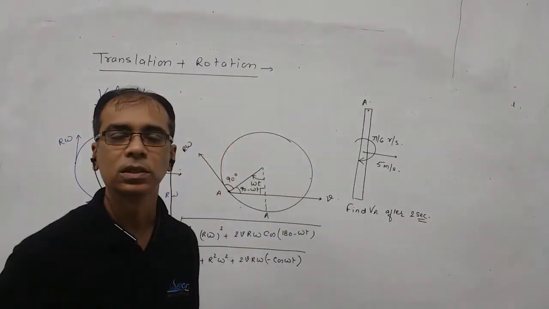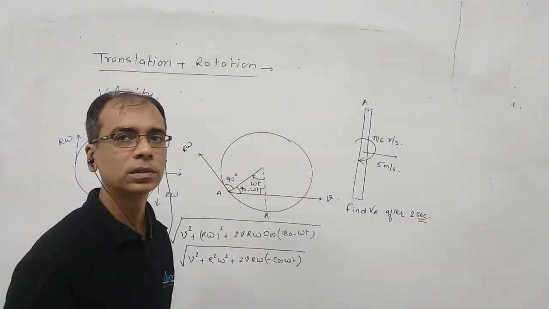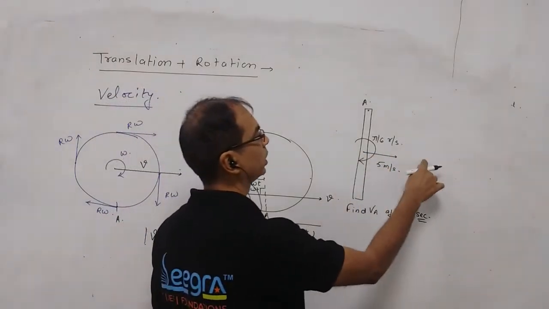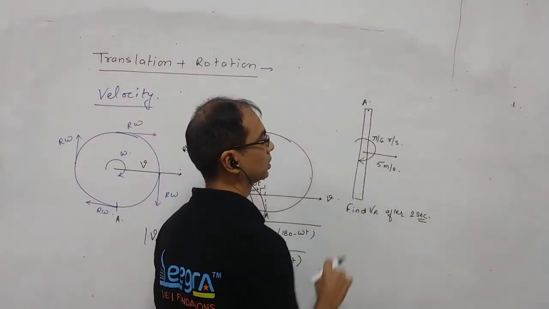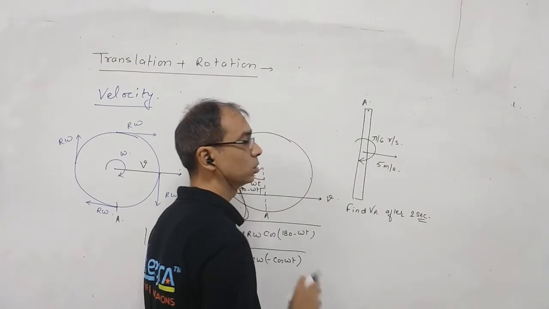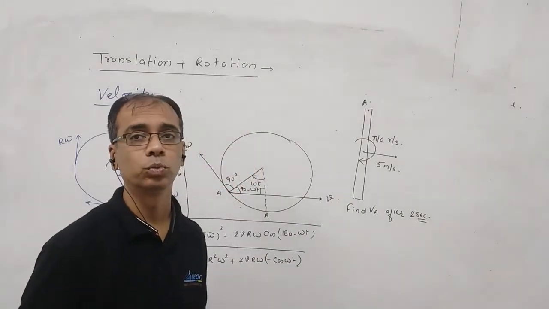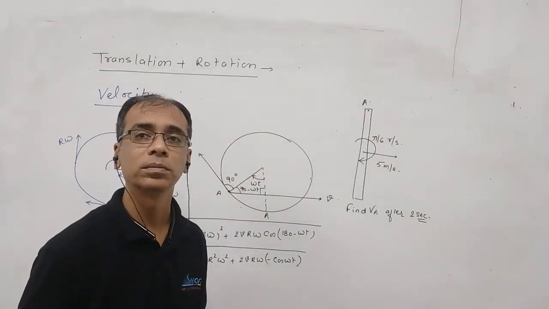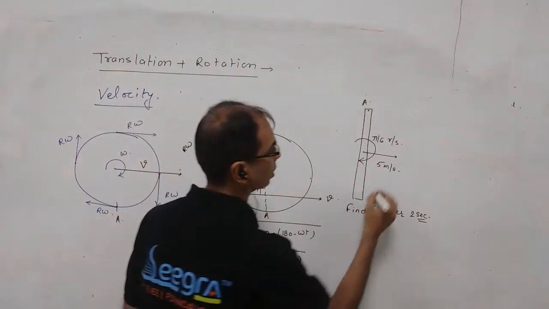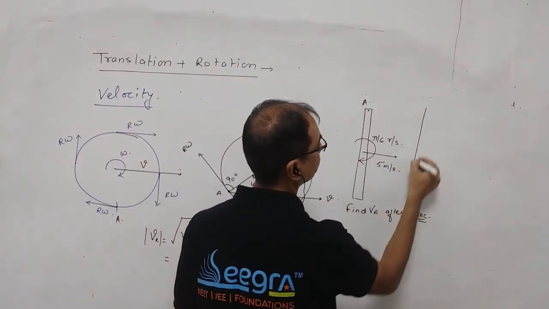What will happen in 2 seconds? Obviously it is moving ahead, but how much will it rotate? Omega is 5/6, so the rotation will be 5/6 into 2, which means 5/3.